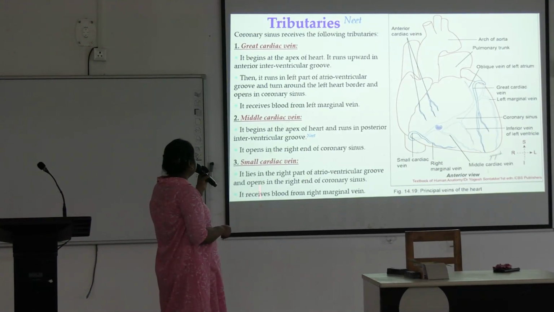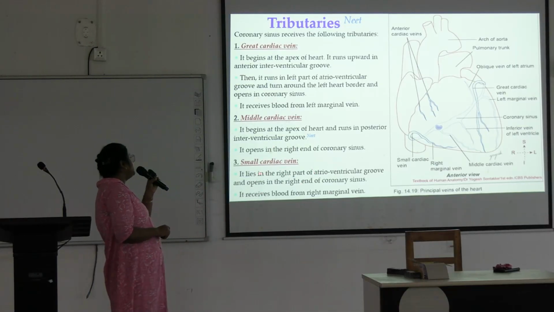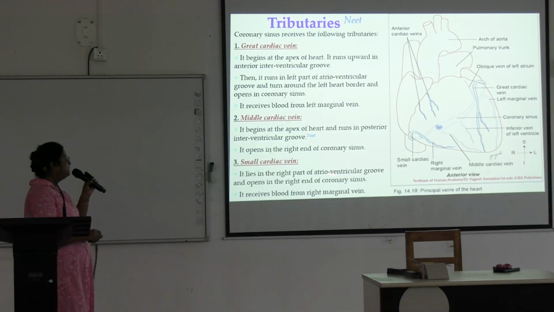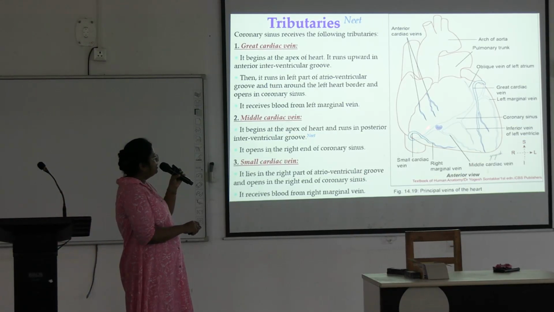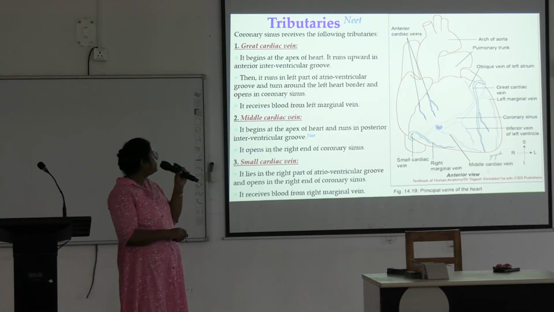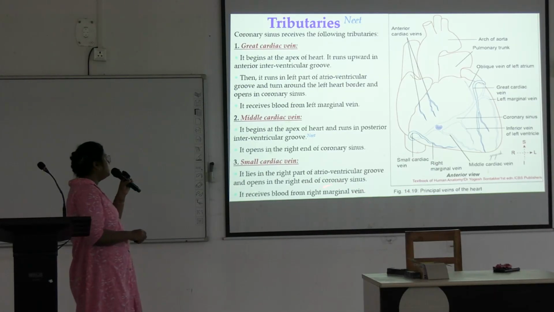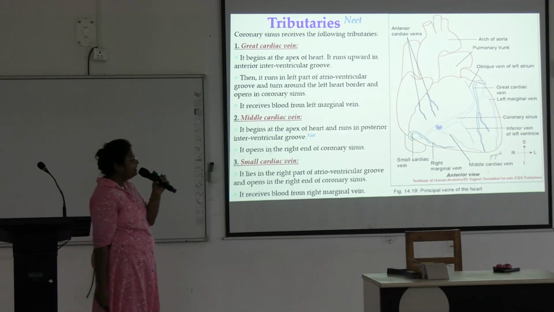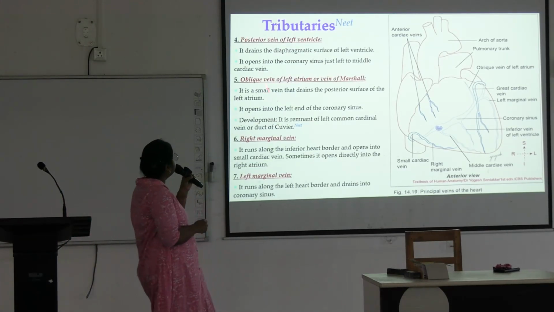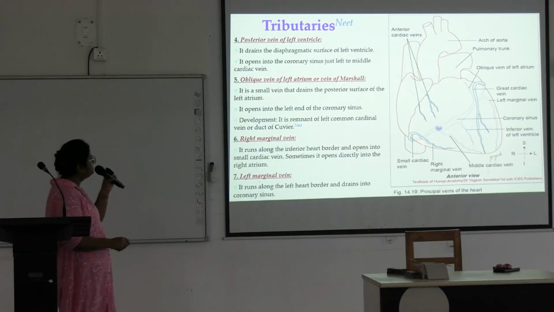Okay. Next is small cardiac vein. It lies in the right part of the atrioventricular groove and opens in the right end of the coronary sinus. Here, this is the small cardiac vein, opens at the right end of the coronary sinus, and receives blood from the right marginal vein. Next, posterior vein of the left ventricle.